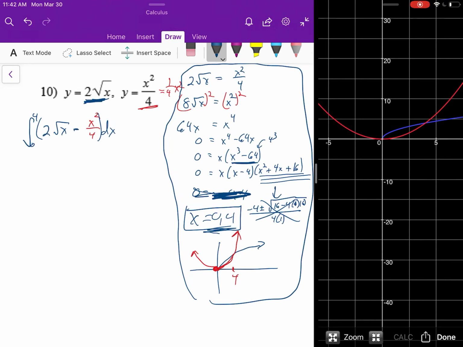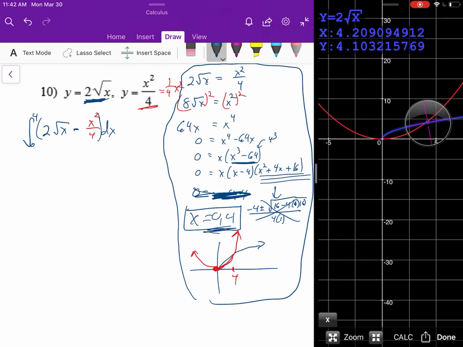You can graph them and easily find the intersection here. So the x value is 4 and the y value is 4. On the regular TI calculators, you would have to use the calculate intersection button, which I believe you're familiar with, but it's probably a lot quicker on a graphing calculator if you have that available.